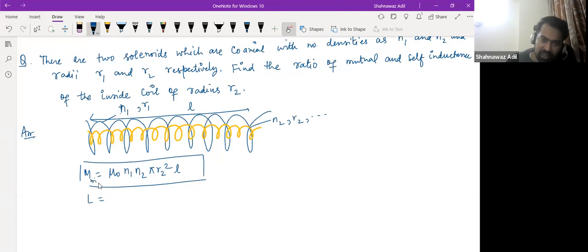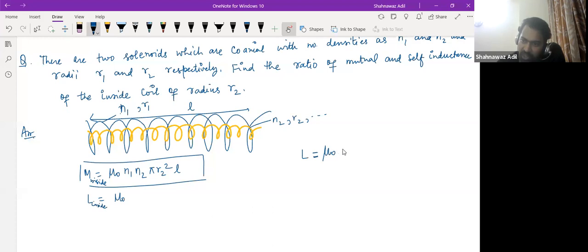We are calculating inside. What would be the self-inductance inside? Yes, sir. Mu naught N squared pi R squared L, absolutely, you are going in the right direction.